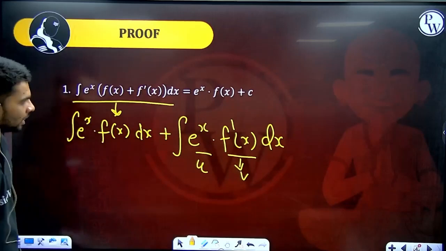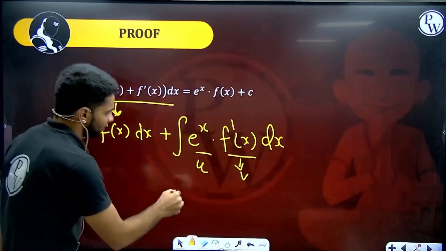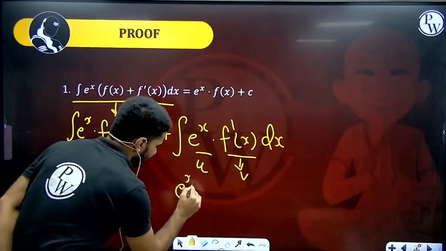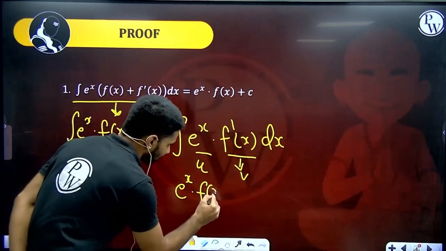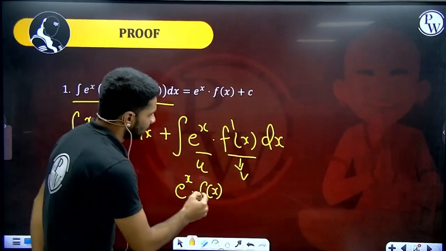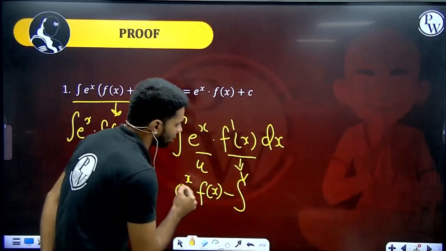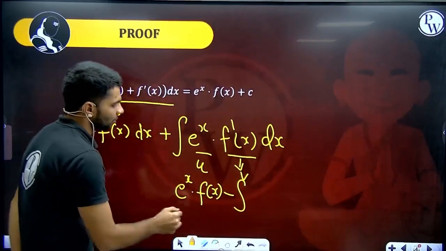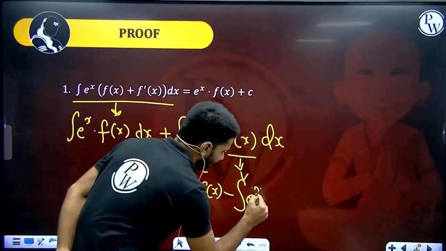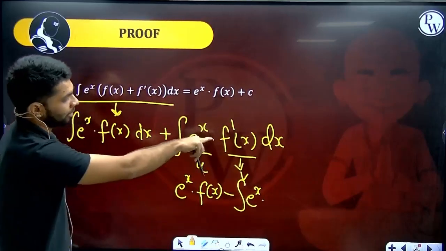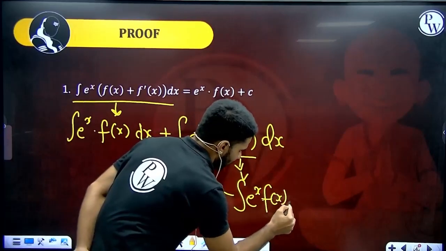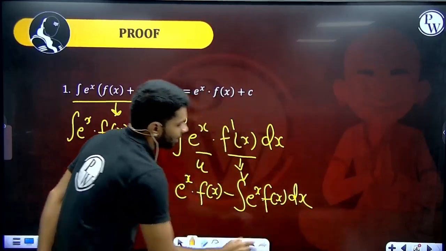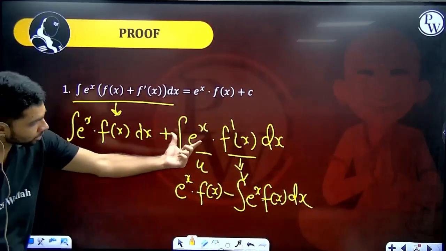Okay. Now u as it is, integration of v f of x, okay, minus integration of differentiation of u into integration of v f of x. We have applied integration by parts on this.